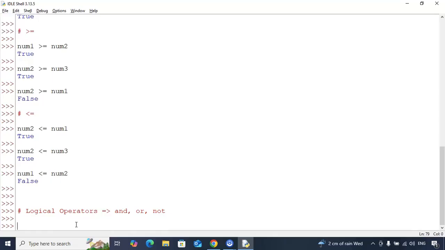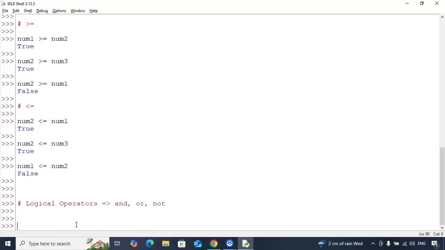As the name suggests, they look for logic, right? They work upon Boolean values. What are Boolean values? Boolean values are true and false. They are used to combine conditional statements together, allowing us to perform operations based on multiple conditions.